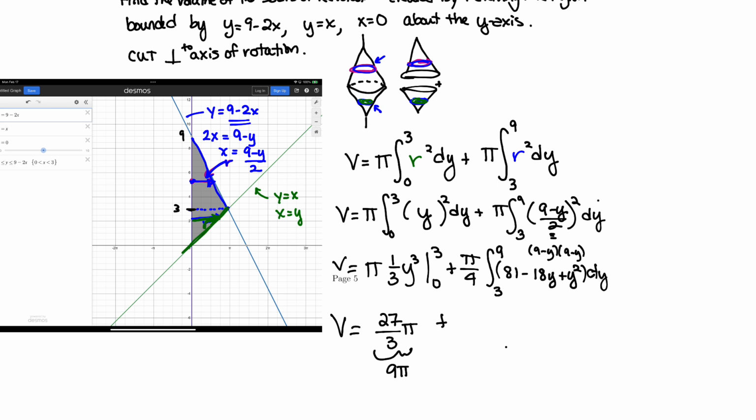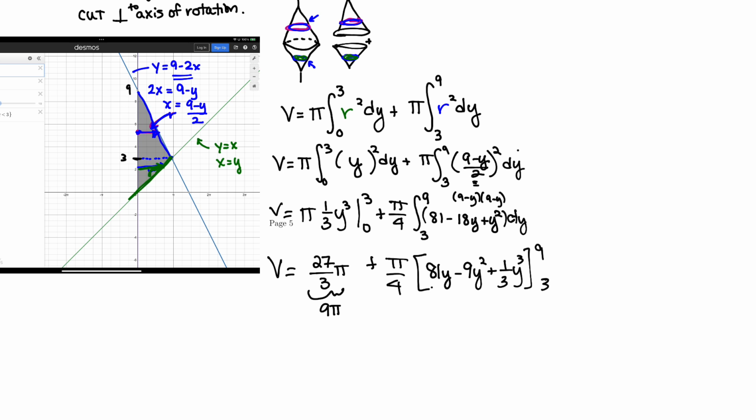The second part is a little more tricky. I'm getting 81y minus 9y squared plus 1/3 y cubed. Ew, it's big. It's not very fun. Maybe we don't have to get this whole answer. We can just say, I know what to do from here.